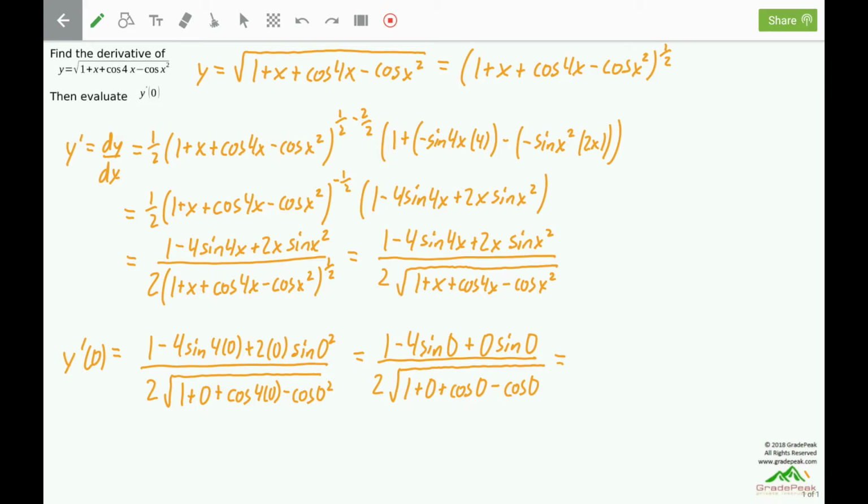The sine of 0 is 0, so in the numerator we will have 1 minus 4 times 0 plus 0 times 0. And the cosine of 0 is 1, so in the denominator we will have 2 times the square root of 1 plus 0 plus 1 and then minus 1.